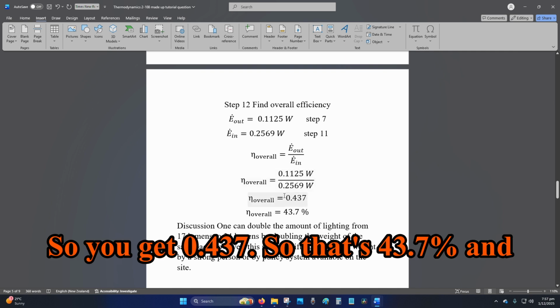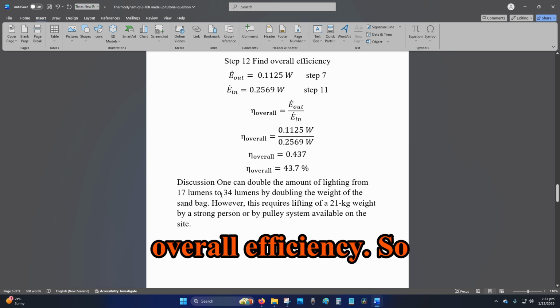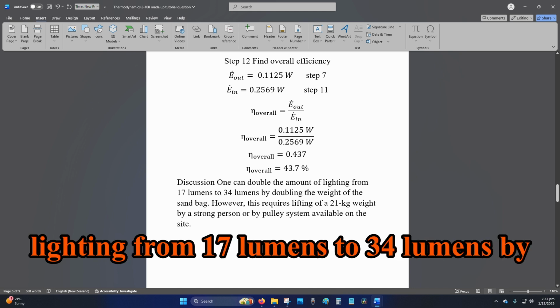So you get 0.437, so that's 43.7% in overall efficiency.